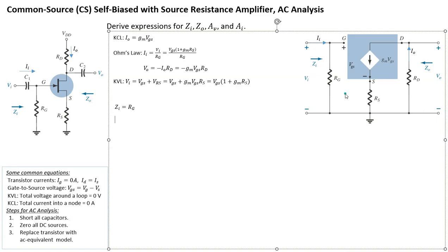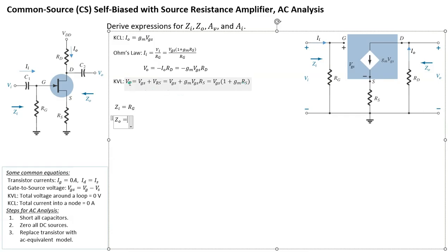All right, so let's do ZO. ZO is the output impedance seen by VO. Whenever we're working out the output impedance, we have to zero the source, which in this case is VI. So when VI is 0, we can look at this KVL equation here: VI is equal to VGS times 1 plus GMRS.